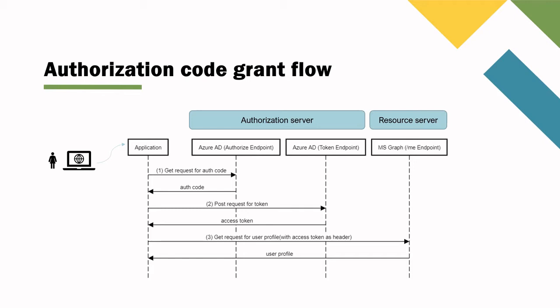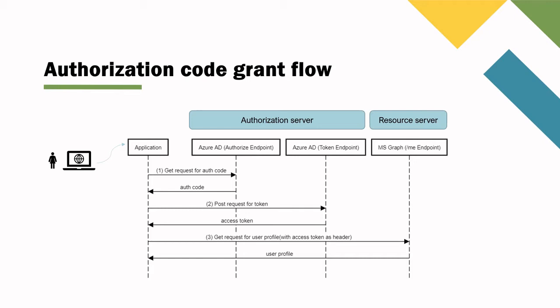Once that validation is successful, the token endpoint, which is again a REST endpoint, will return the access token back to the application. Now in the third phase, the application has got the access token. It can make a request to the resource server for the user's basic profile, which is again the me endpoint.